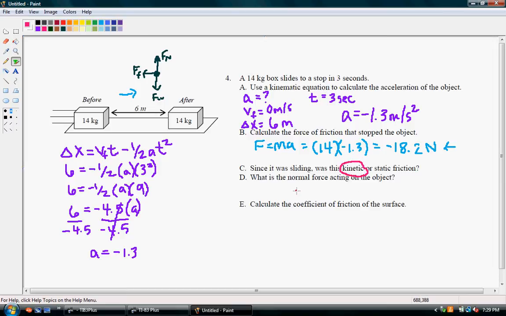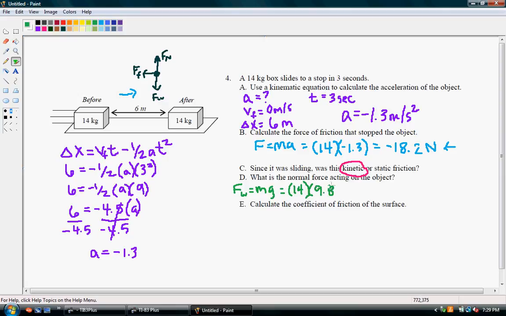What is the normal force acting on the object? Alright, well we know that since we have no other vertical forces, our normal force is going to be equal and opposite to the force of weight. The force of weight is mass times gravity, which is equal to 14 times 9.8. We use the magnitude of gravity.